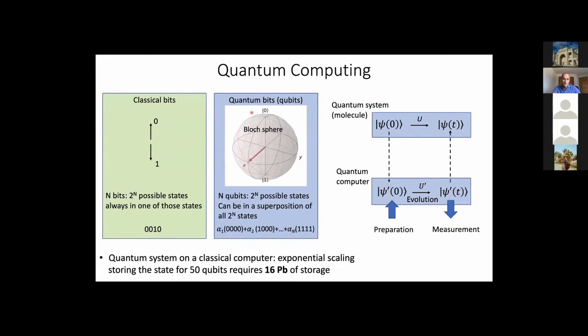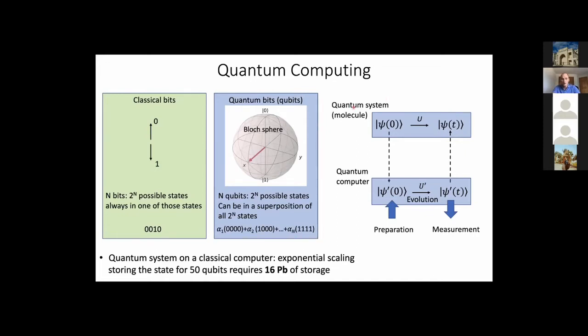On a quantum computer, with quantum bits, we have 2 to the power of n possible states, and it can be in a superposition. And this is a perfect possibility to use the quantum computer, where you can actually represent a quantum system on a quantum system, really.